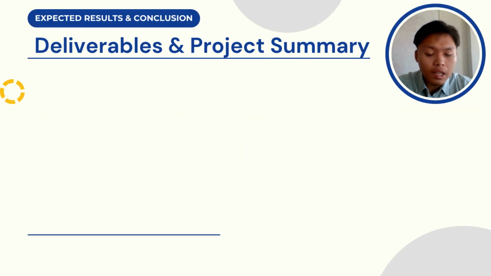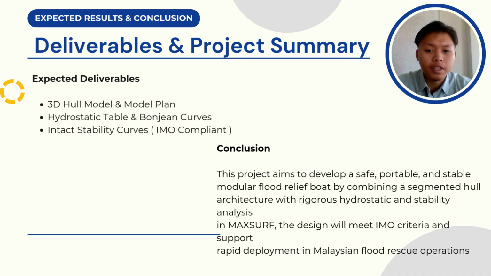We are moving to the last slides, which are the expected results and conclusions. This slide summarizes the expected outcome of this project. The first expected deliverable is a complete 3D hull developed using Maxsurf. The second is a lines plan showing the hull geometry.